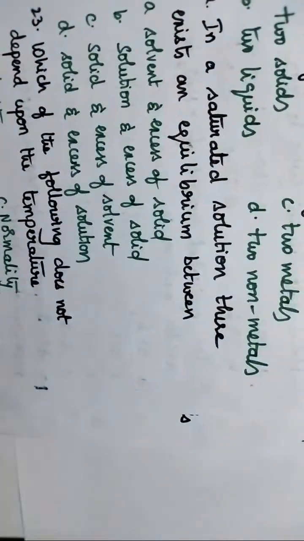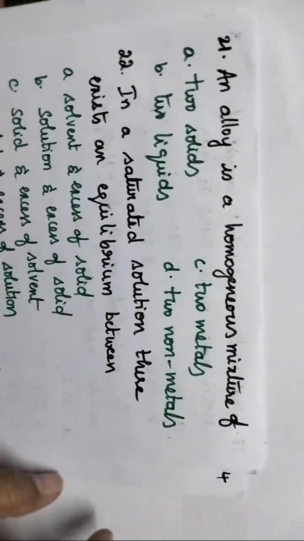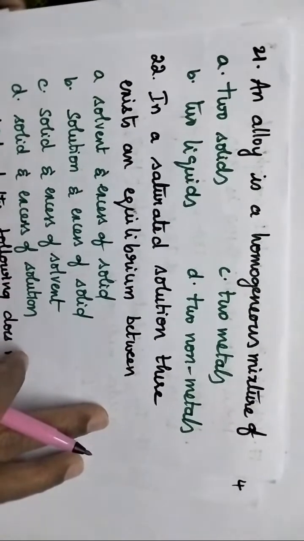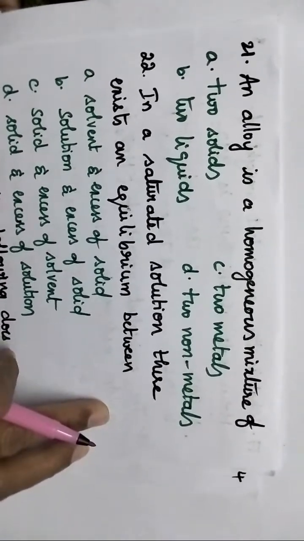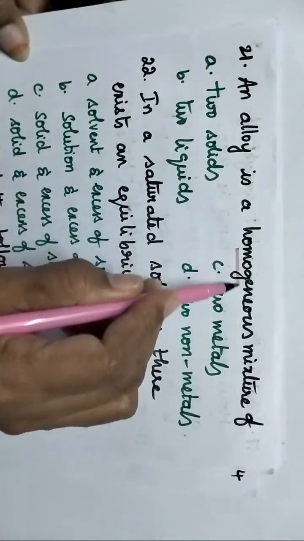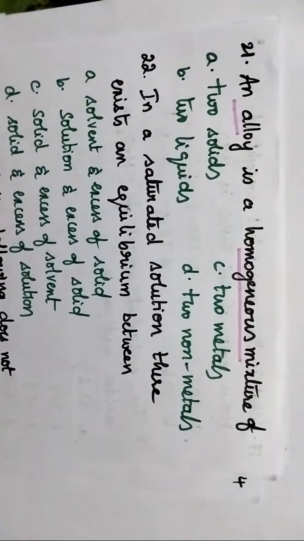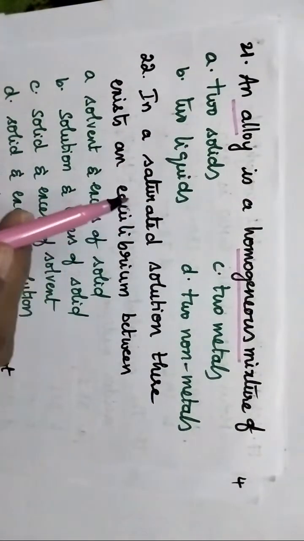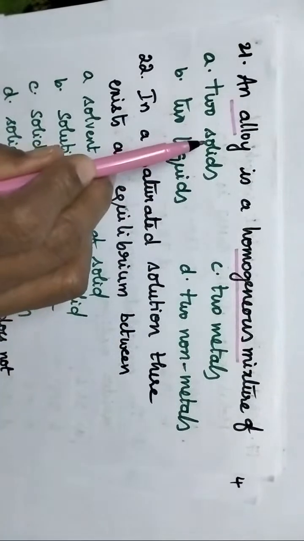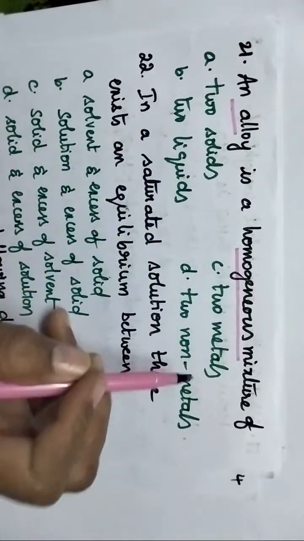Next we will discuss some simple questions. I think you will answer very quickly. An alloy is a homogeneous mixture of what? The options are a mixture of two solids, two liquids, two metals, or two non-metals.